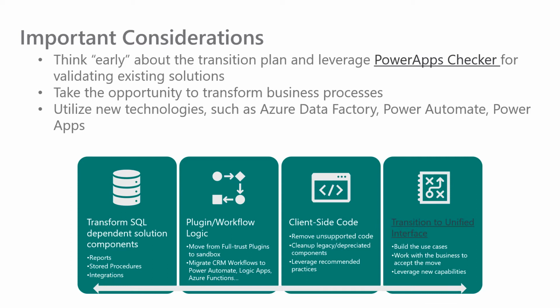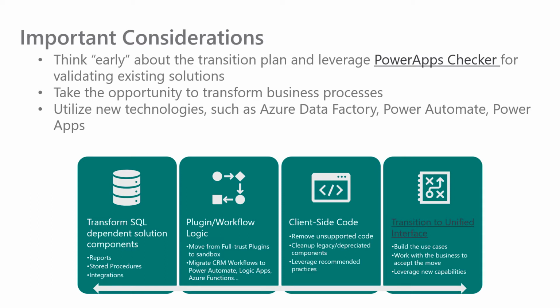Also review all your existing CRM on-premise plugins and evaluate how they will transition from full trust plugins to sandbox mode. While doing so, evaluate the current code and make sure to remove any deprecated and unsupported code in your plugins. Consider migrating your existing CRM workflows to Power Automate, Logic Apps, and Azure Functions.